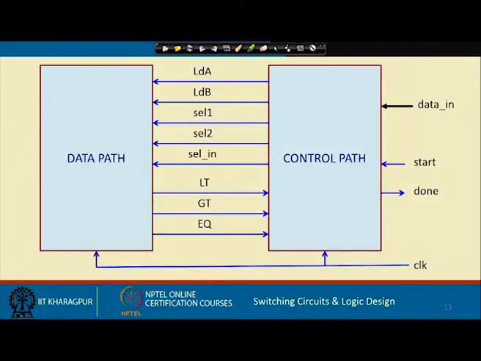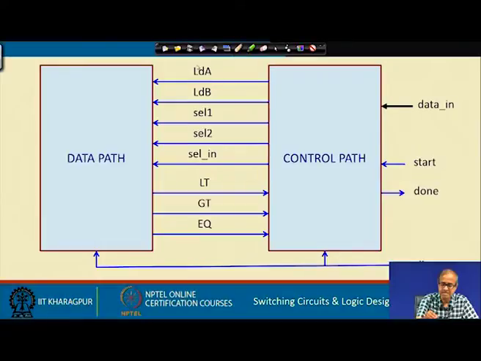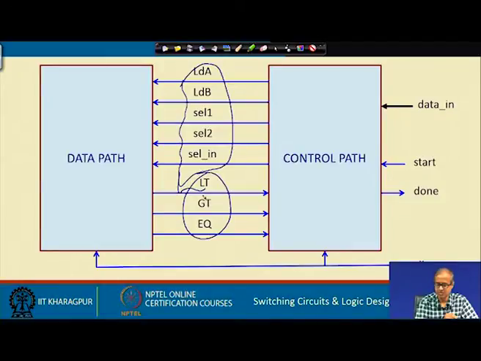In a similar way, the block level diagram will look like this. Data path is here, where these are all the control signals which are required, and these are the signals which are generated by the comparator, less than, greater than, equal to. Based on that, the control path is taking the decision.